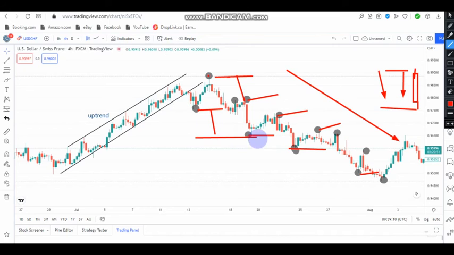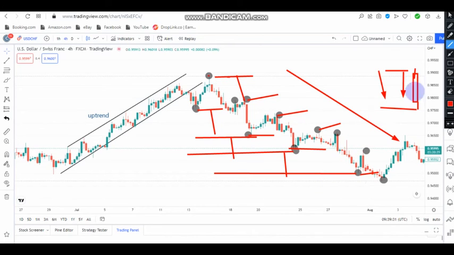As the market is going down, this low is lower than this. As you can see, this one is lower than this. This one is even lower than this. As the market is going down, it's going lower and lower. So we have lower highs and lower lows.